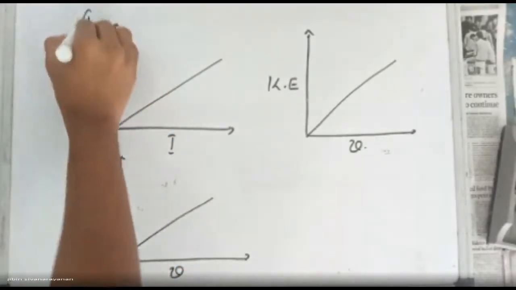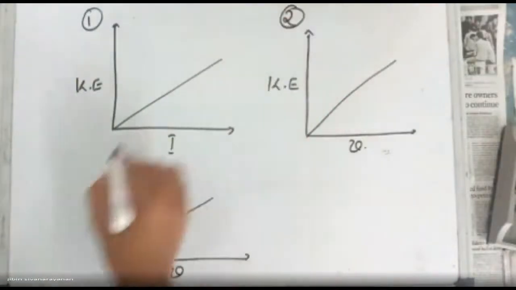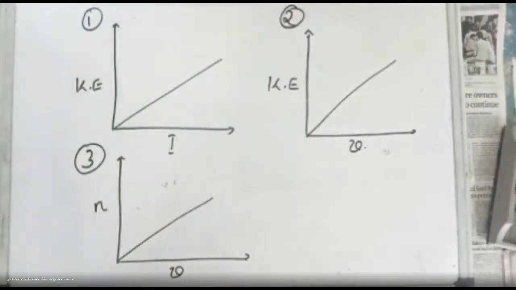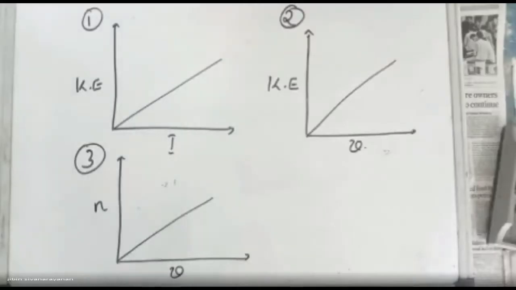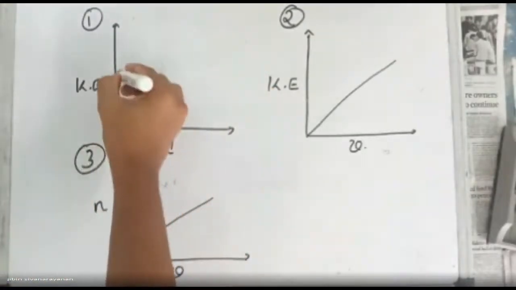One, two, and this three. Second one. Okay, if kinetic energy versus intensity is plotted, the graph should be like this.